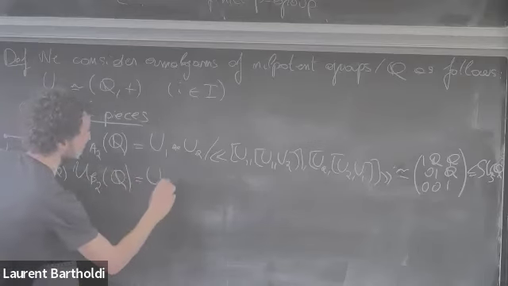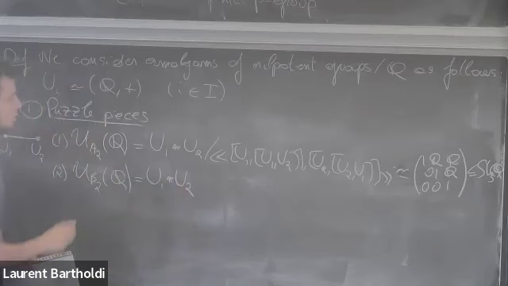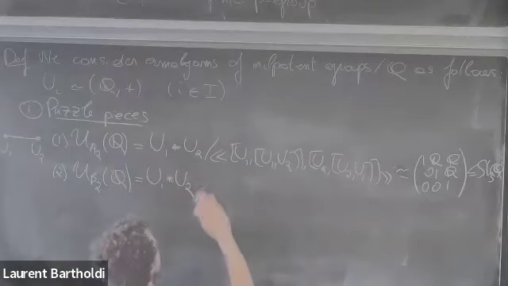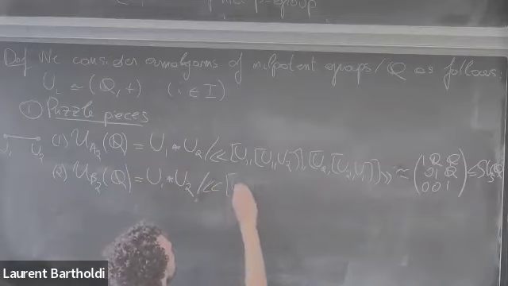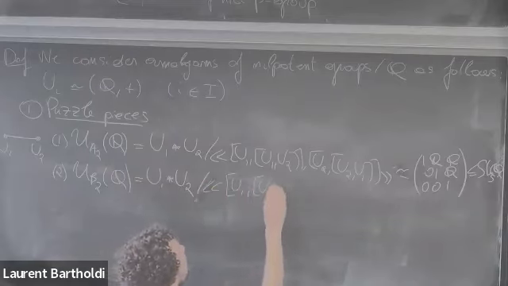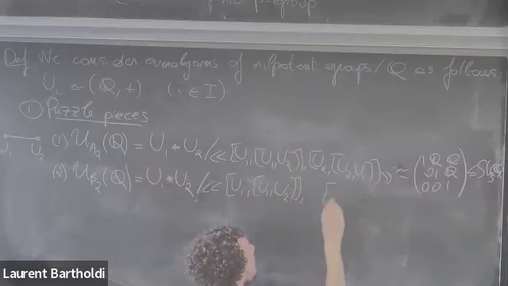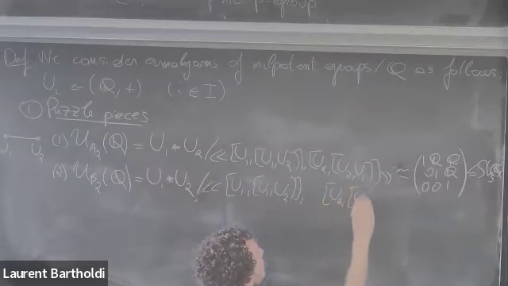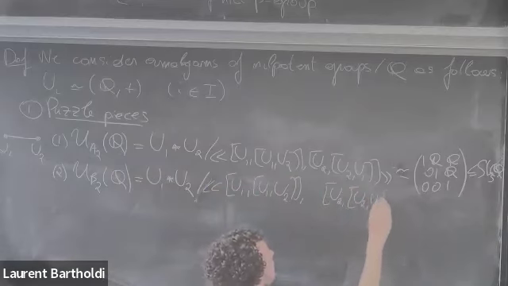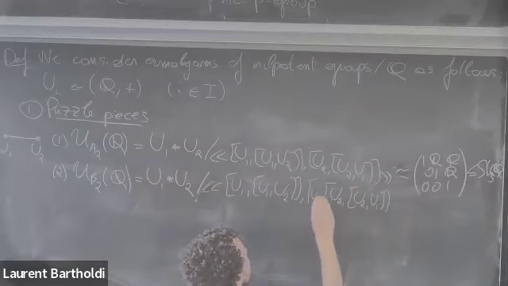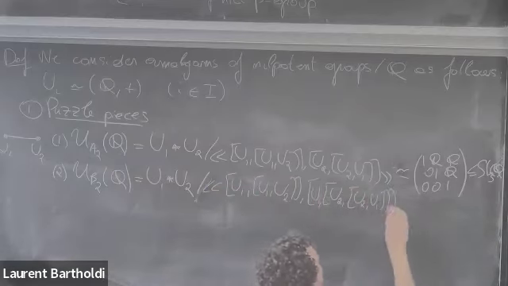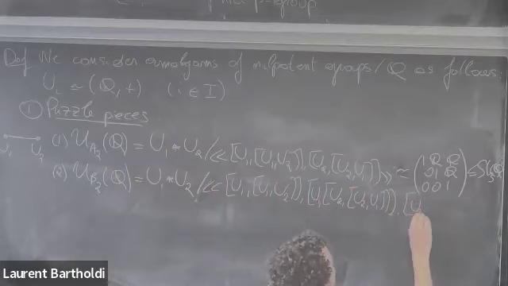Again, this will be the free product of these two copies of Q, quotiented out by the normal subgroup generated by, again, [U1, [U1, U2]]. And then [U2, [U2, U1]] is not trivial anymore, but it's central, so it commutes with U1 and it commutes with U2.